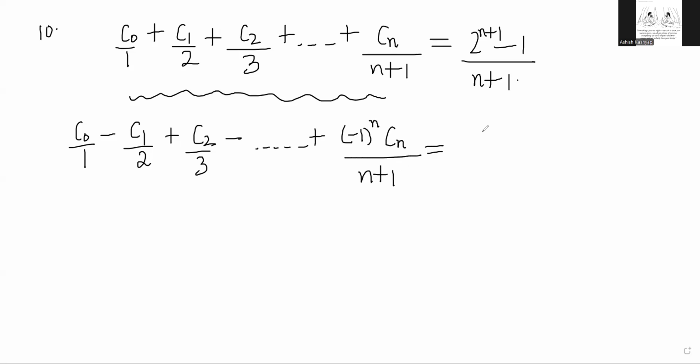And this was under the limits 0 to minus 1 or minus 1 to 0, and this will become 1 by n plus 1. So you should try out these, and these come out as simple answers based on what you have integrated and what are the limits you have chosen, right? Okay.